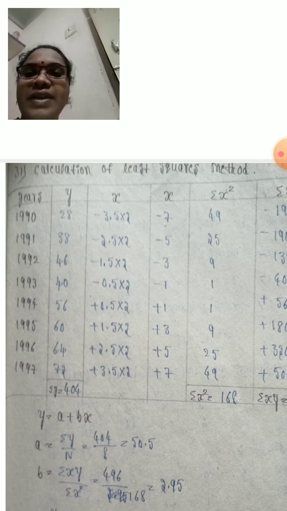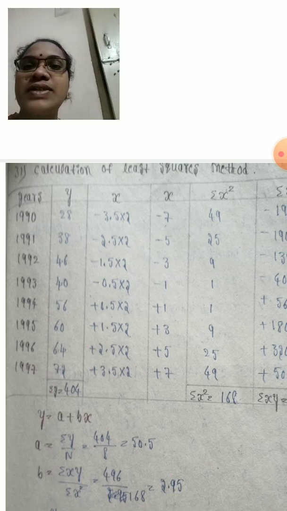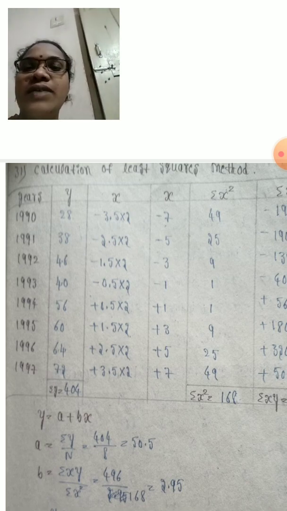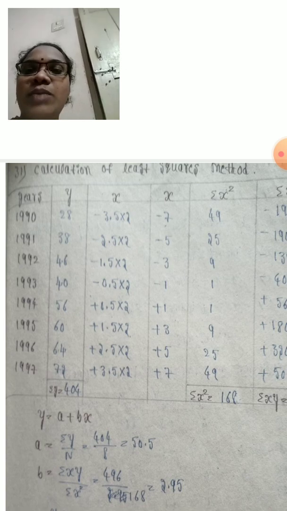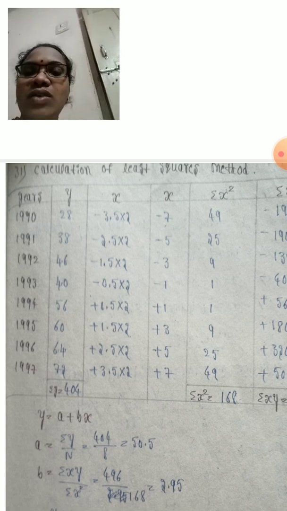Here 8 years are given. These 8 years are an even number of years. Now the y values given in the problem are 28, 38, 46, 40, 56, 60, 64, 72. The total of y equals 404.